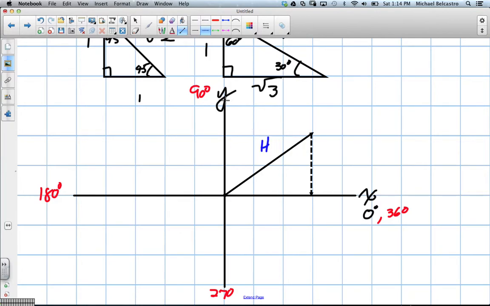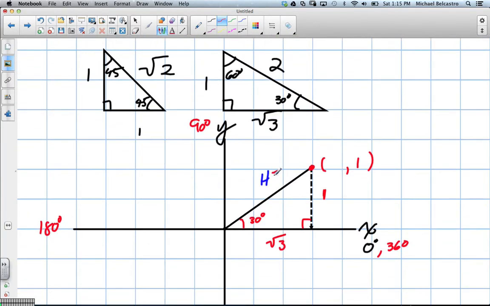If they were to tell you that maybe this was 30 degrees, well, I know this is 90 degrees because I know my special triangle. What that means is I could literally solve this coordinate. This y coordinate, in other words the height of this triangle, would have to be 1. That would be my y coordinate. And the base of this triangle would have to be root 3, assuming we're working with a hypotenuse that has the value of 2 here.